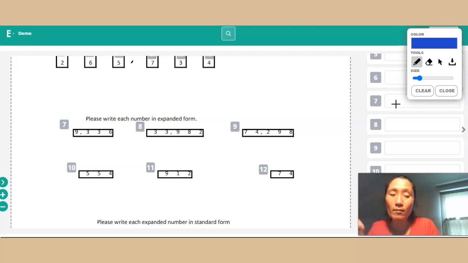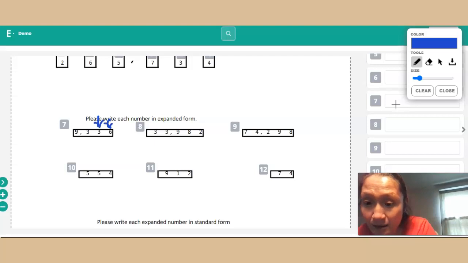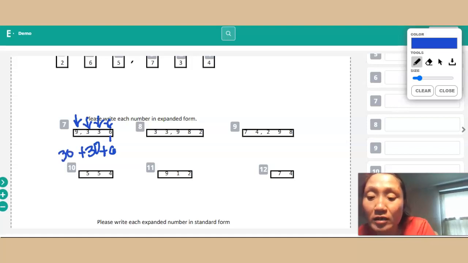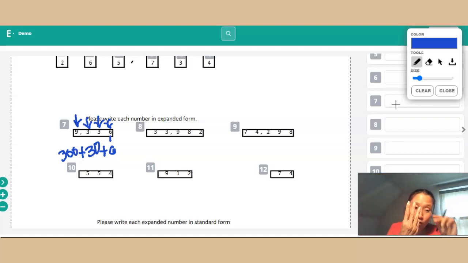So now, remember, expanded form asks you, how many groups do you have in each place? So this is the ones, this is the tens, this is the hundreds, and this is the thousands. I have 6 groups of 1, plus I have 3 groups of 10 for 30, plus I have 3 groups of 100 for 300, because 3 groups of 100: 100, 200, 300, that's how much it's worth.